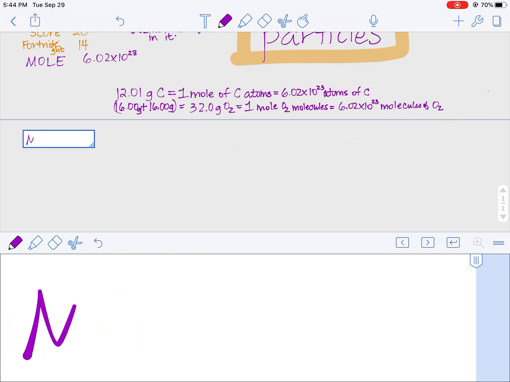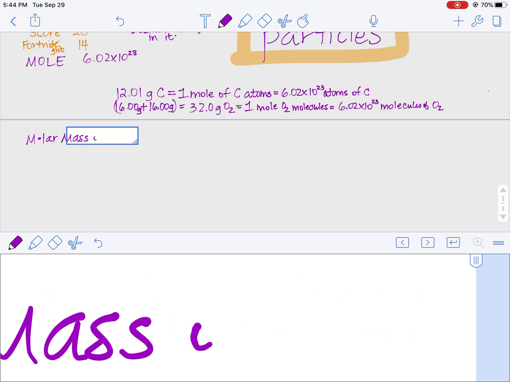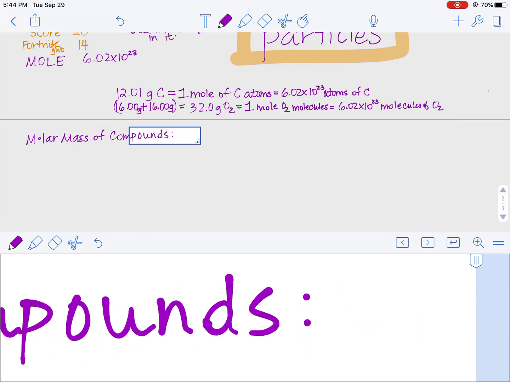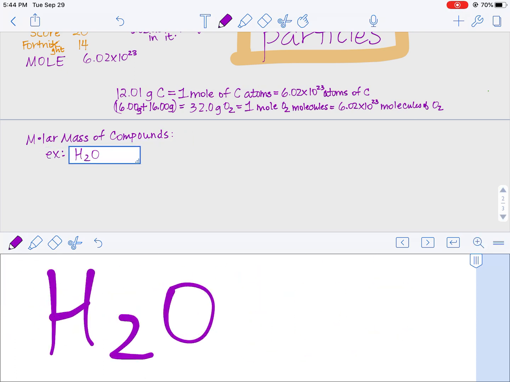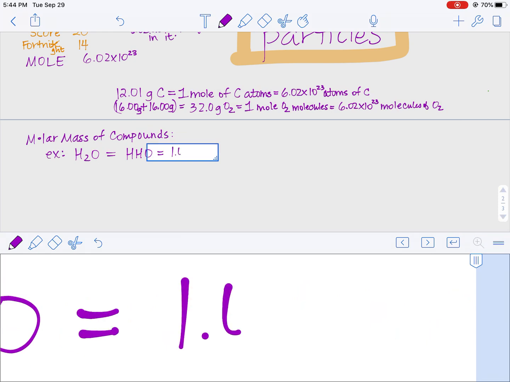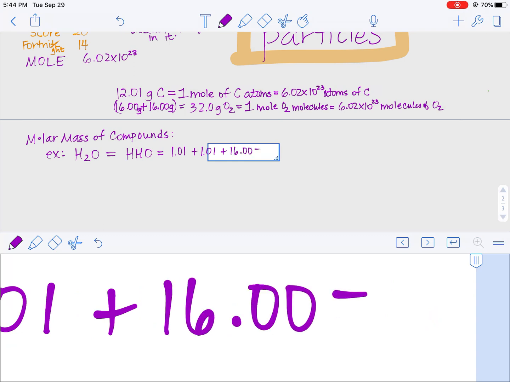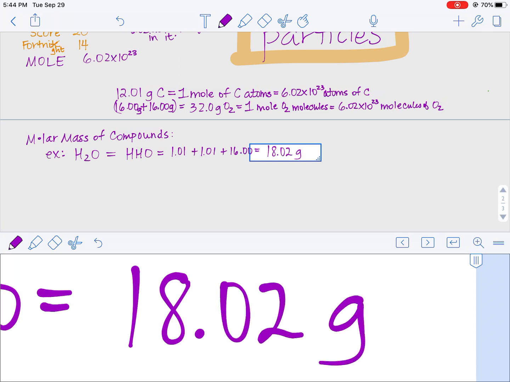But now let's get to compounds. The molar mass of compounds. Let's take, for example, H2O. This translates to 2 hydrogen atoms and 1 oxygen atom. Well, I'm going to have to look at the average atomic masses on the periodic table to get me to what the total molecule's mass is.